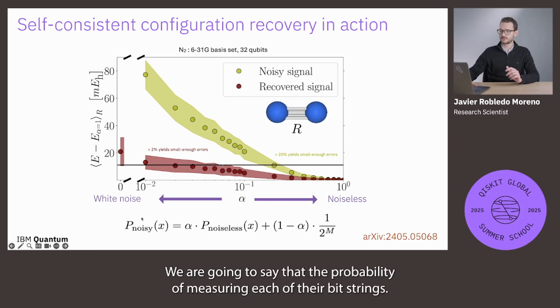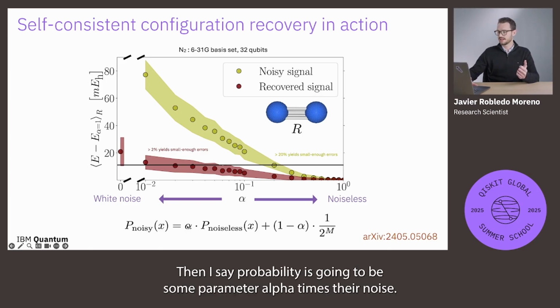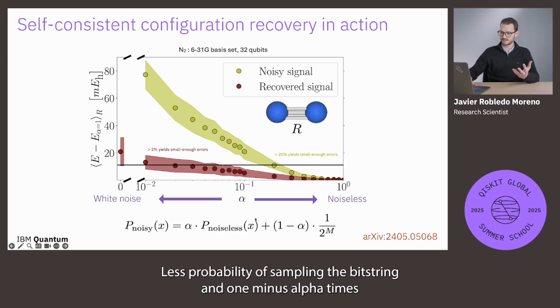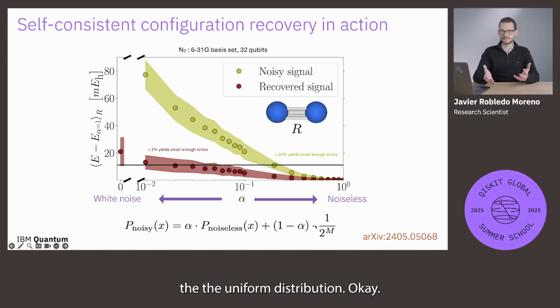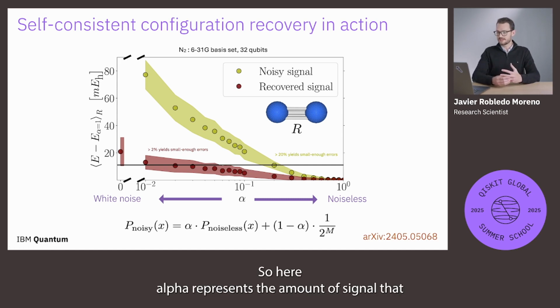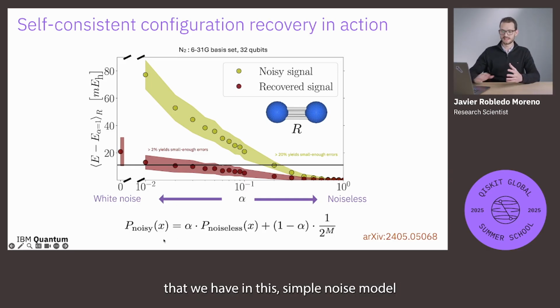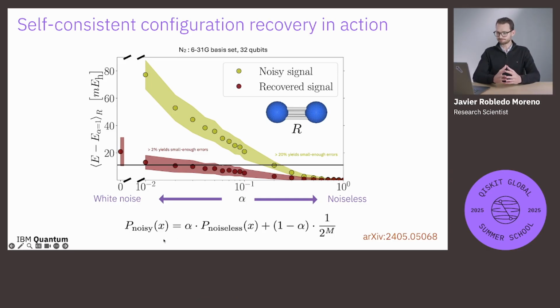We're going to say that the noisy probability of measuring each of the bit strings is going to be some parameter alpha times the noiseless probability of sampling the bit string, plus 1 minus alpha times the uniform distribution, okay? So here alpha represents the amount of signal that we have in this simple noise model.